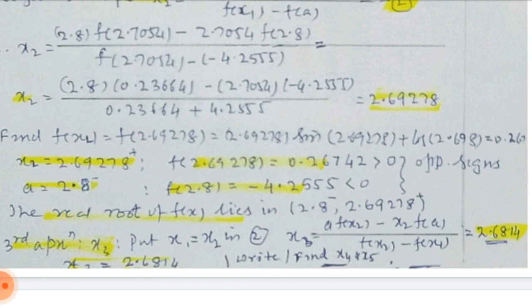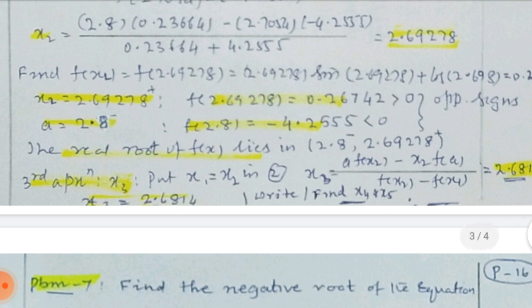So we get the answer 2.6814. The real root of the equation, correct to 3 decimal places, is x3 is equal to 2.681, or to 4 decimal places 2.6814.